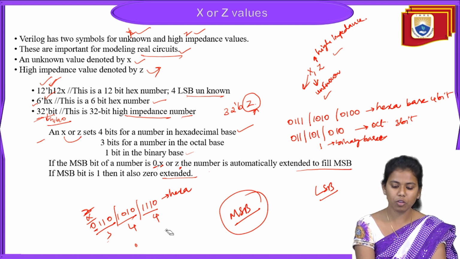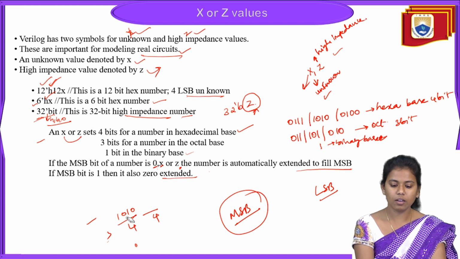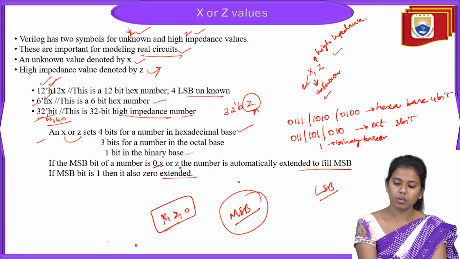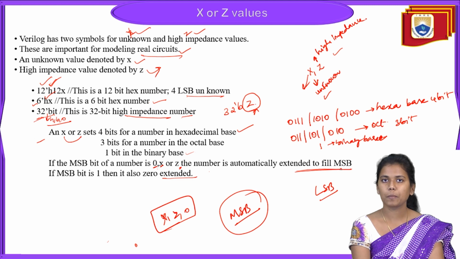So here we can make use of X or Z values, or else 0, in order to extend the most significant bit.